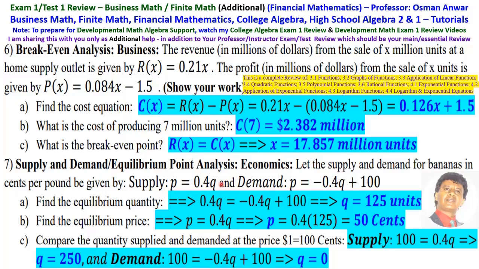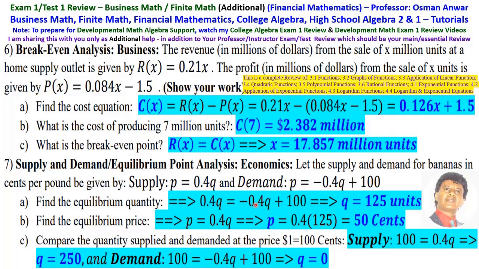Supply equals demand means whatever is supplied by the supplier, the customer will buy all of them. That's why it means supply equals demand. That is P supply equals P demand, meaning 0.4Q = -0.4Q + 100.